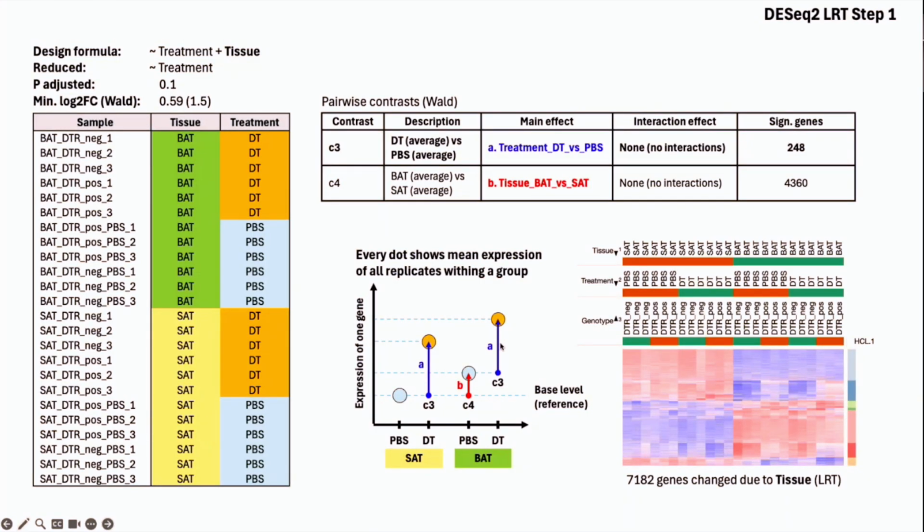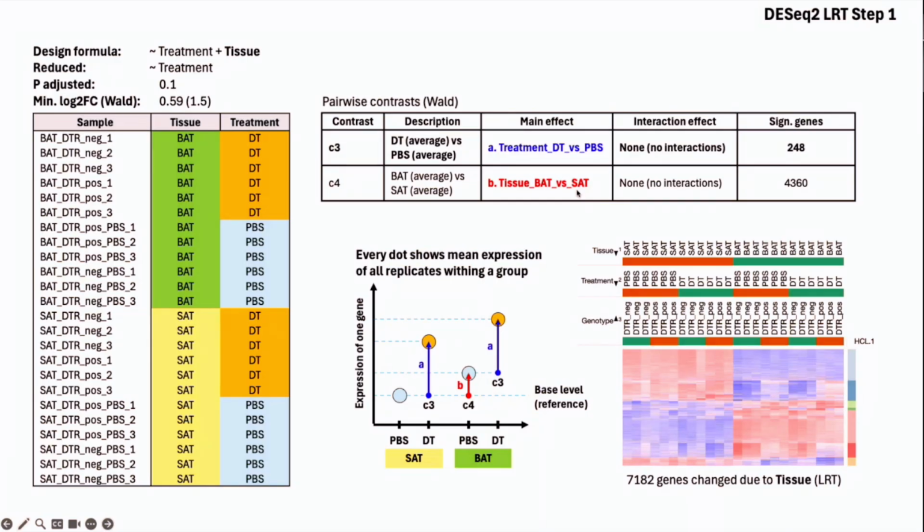Exactly the same change is for the BAT tissue because we don't have any interaction, so DESeq assumes that the changes caused by treatment are exactly the same for both of our tissues. And this change is the change between the tissues. So this B is here, and this contrast C4 consists of only the main effect tissue, BAT versus SAT.